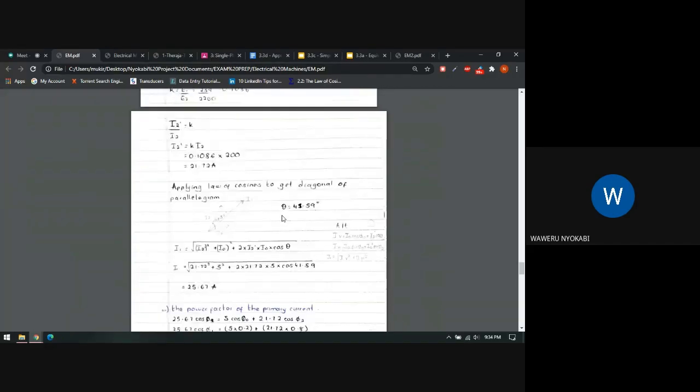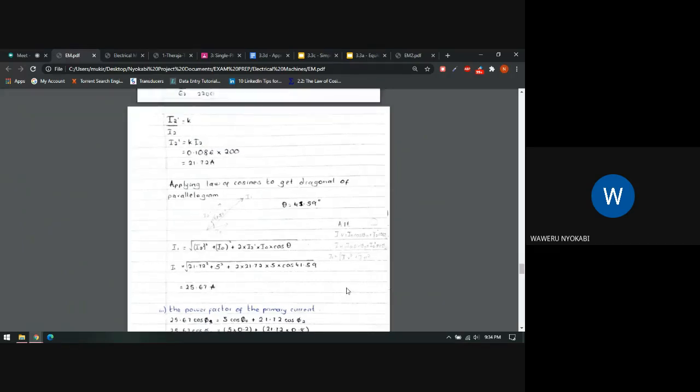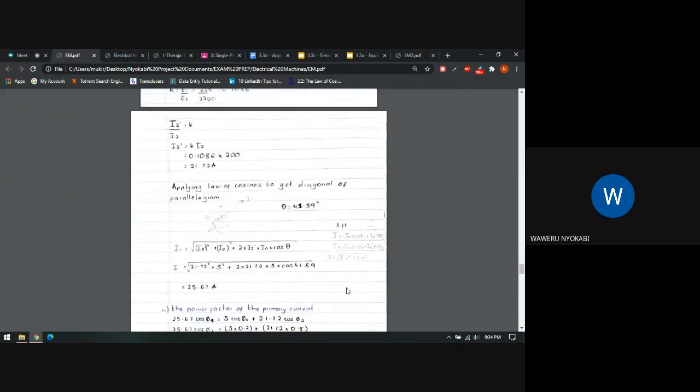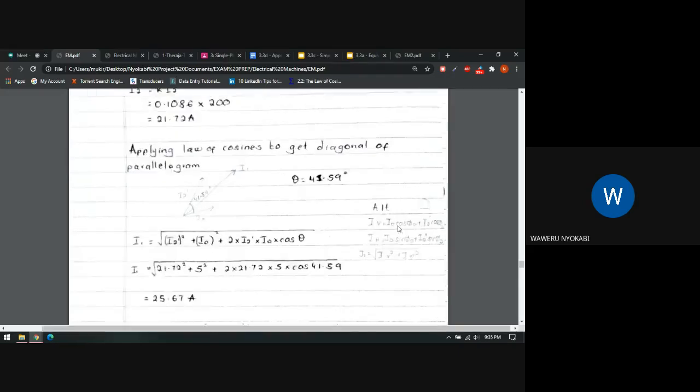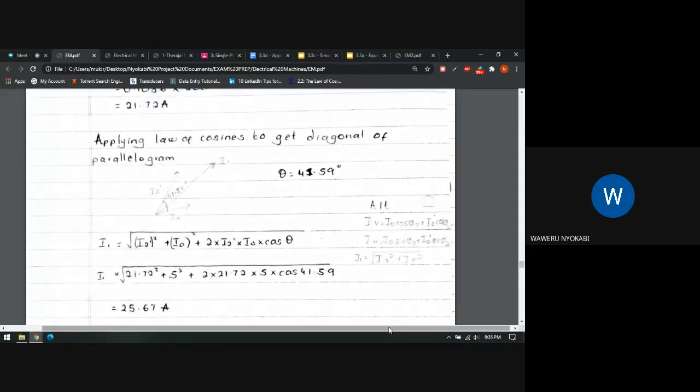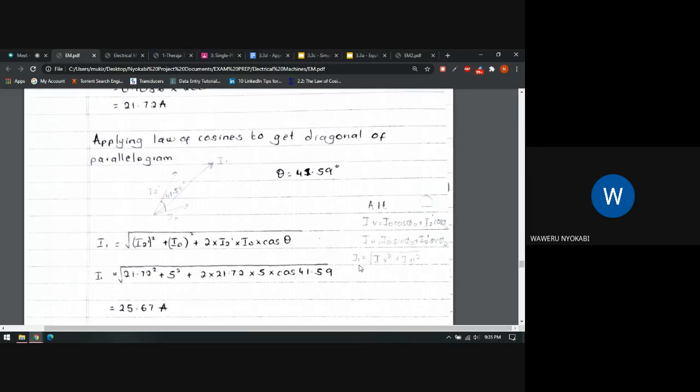Yeah, so now there's an alternative method as opposed to using the law of cosines to get a diagonal. I do not know the logic behind this, so that's why I chose not to use it. It is to say that I1 is equal to, let's just say, IA, IB.